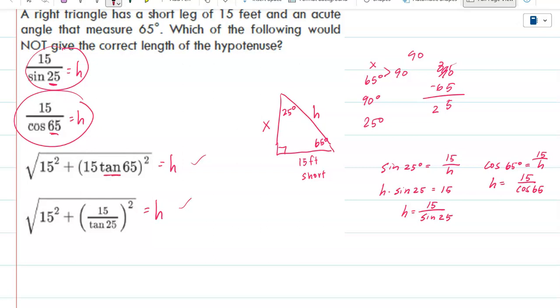So the tangent of 65 is opposite over adjacent, which is x over 15. Then using that, you can solve for x, the other length. And whenever I see a square root in a geometry problem, I always think something happened with the Pythagorean theorem.